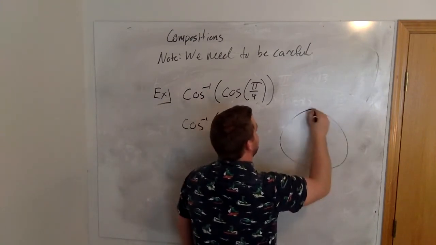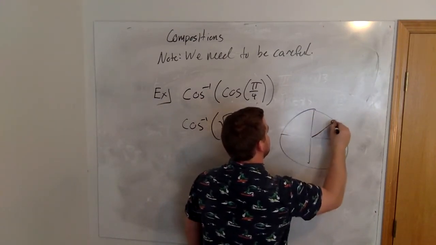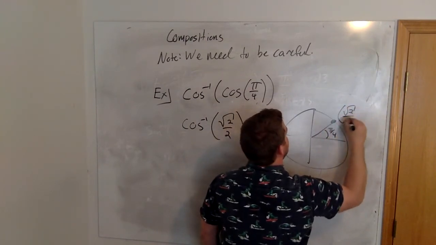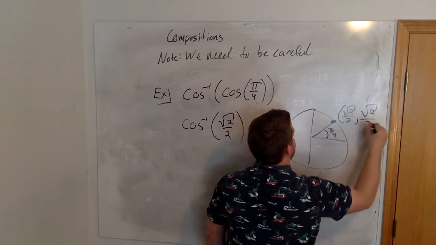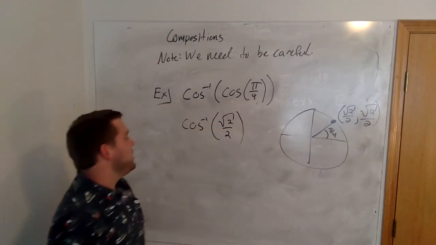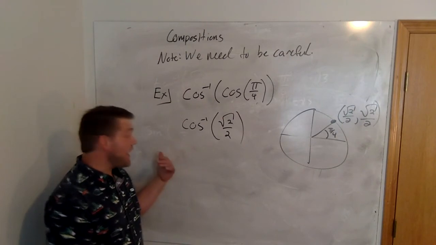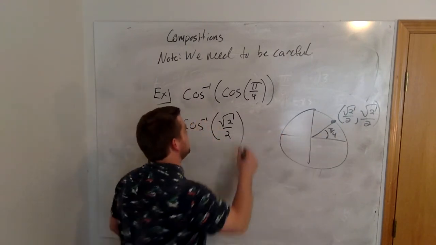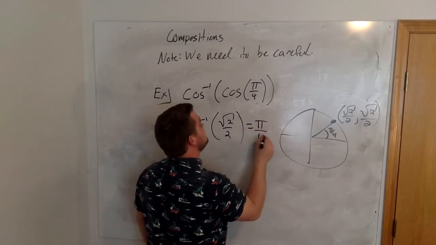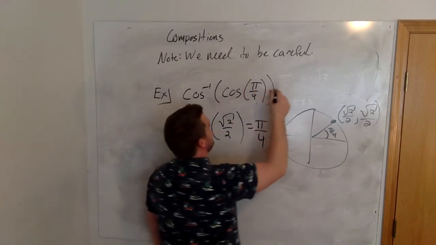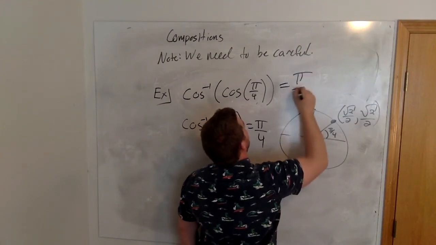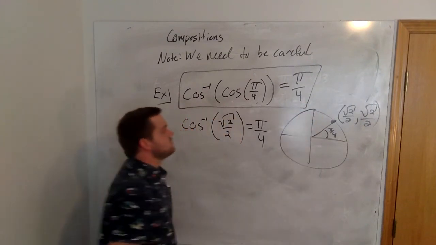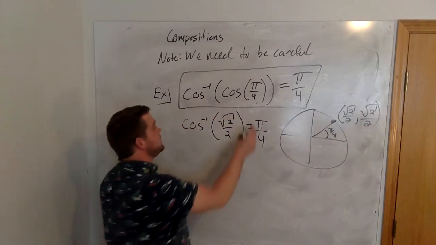We're on the unit circle here. This is pi over 4, and this is root 2 over 2 and root 2 over 2. Now we're asking, at what angle between 0 and pi do we get an output of root 2 over 2? Well, pi over 4. So in this case, it did work out. Cosine inverse of cosine of pi over 4 is pi over 4.